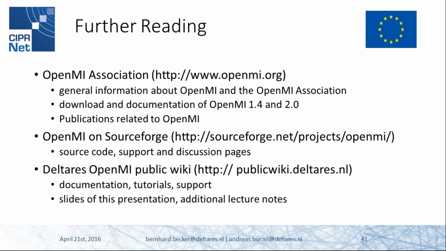You can find the source code there, but also support in the discussion pages. And we have a Deltares OpenMI public wiki page where we provide documentation, tutorials, some support, and we will place there the slides of this presentation. And we made some additional lecture notes, which provide additional insights, that we will place in the OpenMI public wiki.